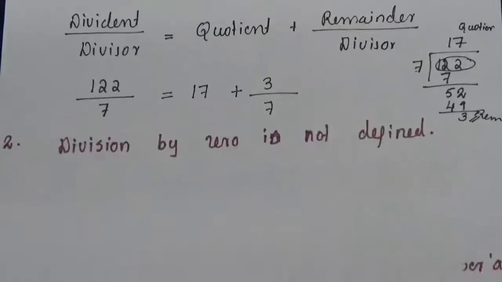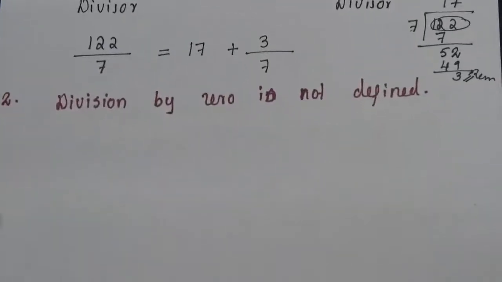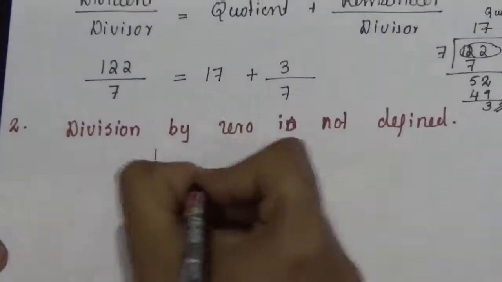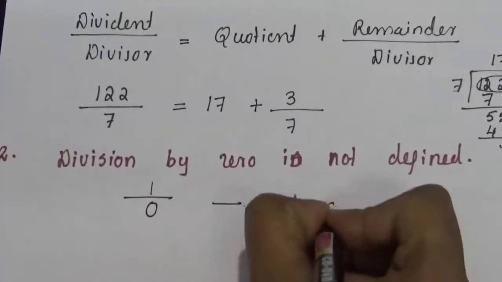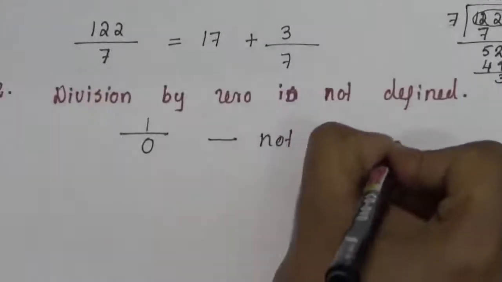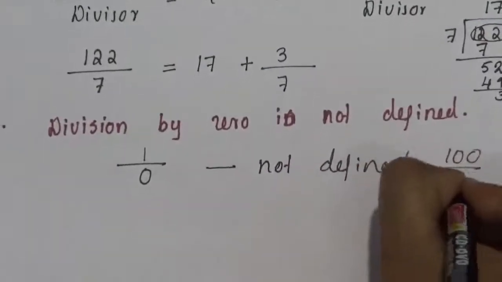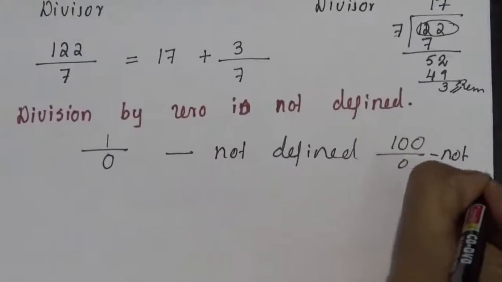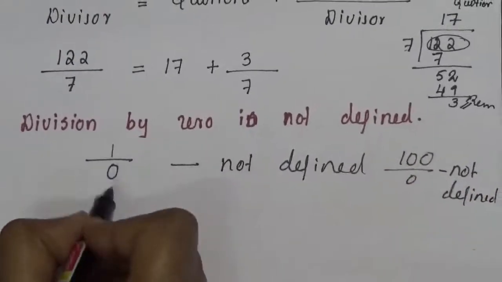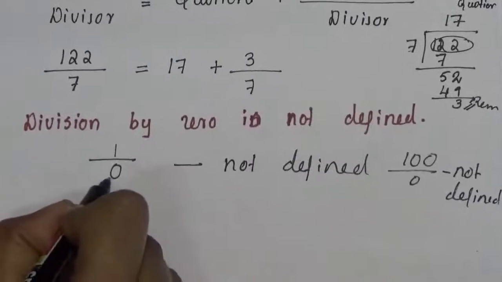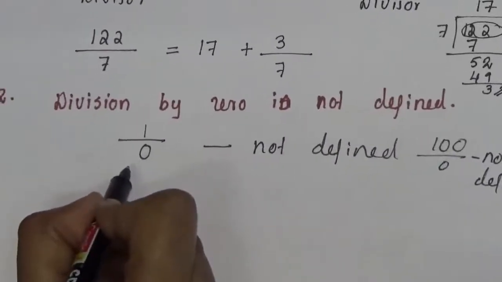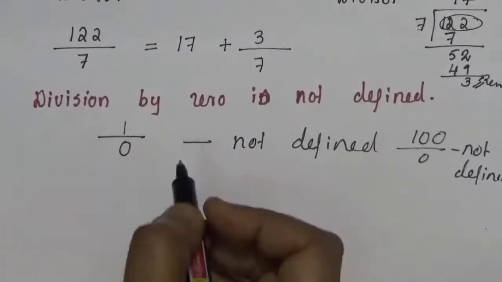Now another important thing, division by 0 is not defined. So 1 by 0 is not defined, 100 by 0 is not defined. In the division of two numbers, if the divisor is 0, the division is not defined. But dividing 0 by any other number is defined.